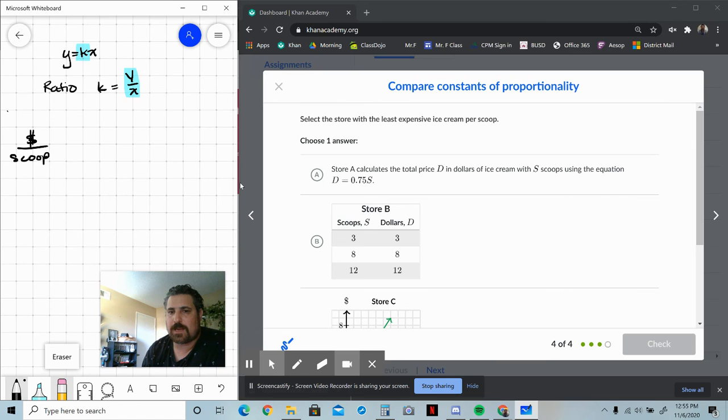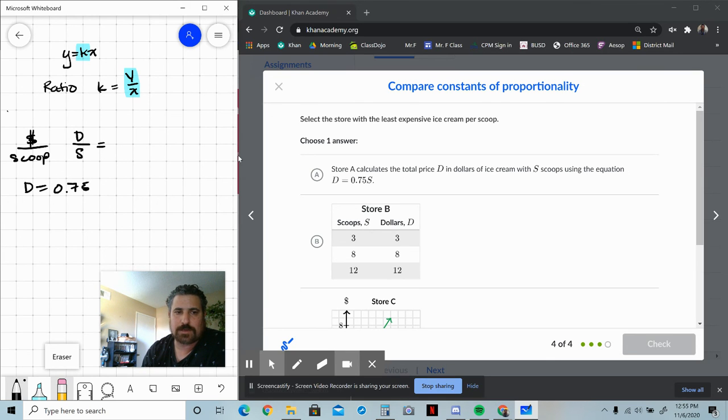So this one says, store A calculates the total price D in dollars of ice cream with S scoops. Okay, so the way they did it is D for dollars and S for scoops. So they're talking about the ratio of D over S, dollars per scoop. And the ratio is going to be the equation D equals 0.75S. Now, if D equals 0.75S, what does that mean?